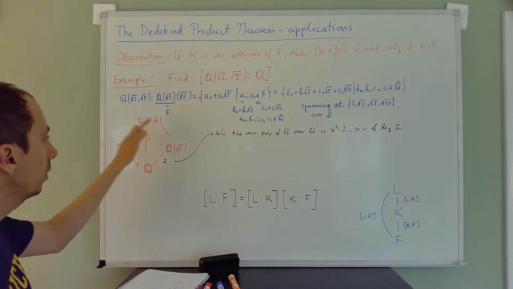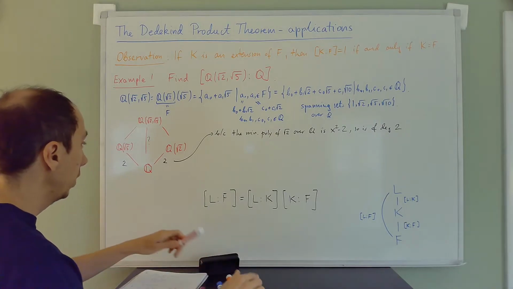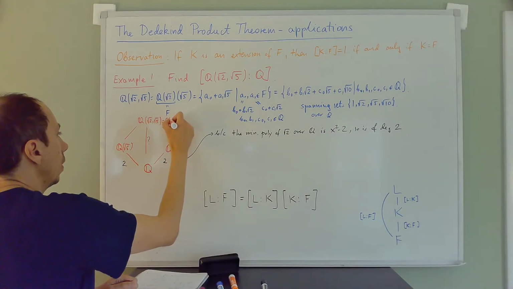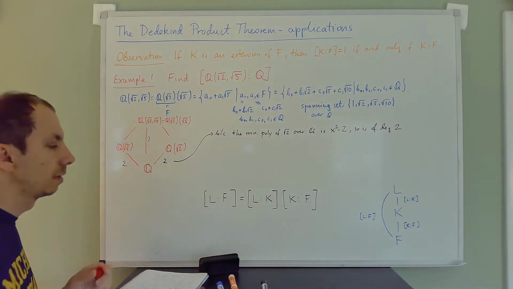So what about here? How do I get this field on top from this Q adjoin radical 2? Well, I just adjoin radical 5.